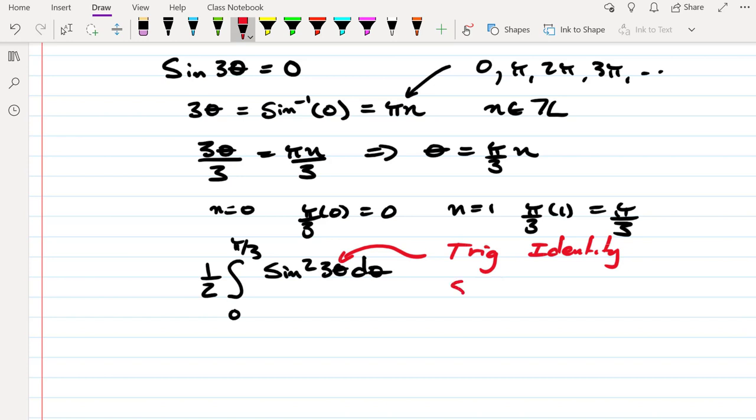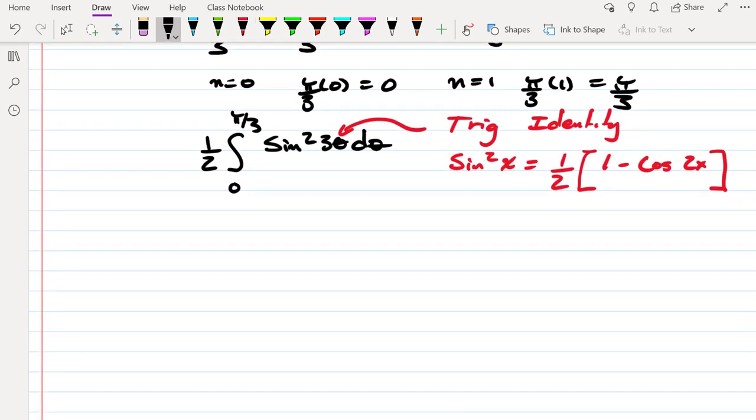And we have the identity for sine squared of x is similar to the one we used in the previous problem, but instead of adding, we are going to subtract the cosine of twice the angle. So putting this in gives us 1/2 and 1/2 is 1/4. The integral from 0 to pi over 3 of 1 minus the cosine of, we have to double our angle, so we have 3 theta gives us 6 theta d theta.